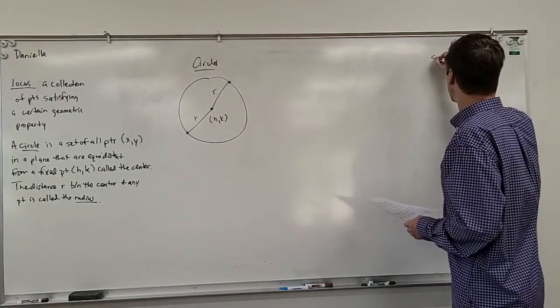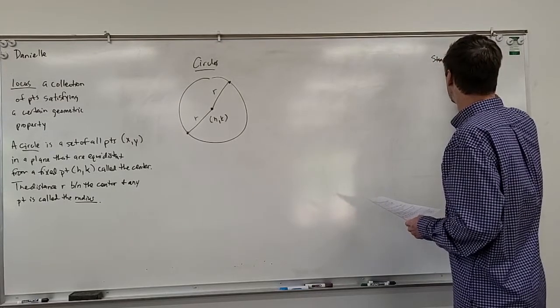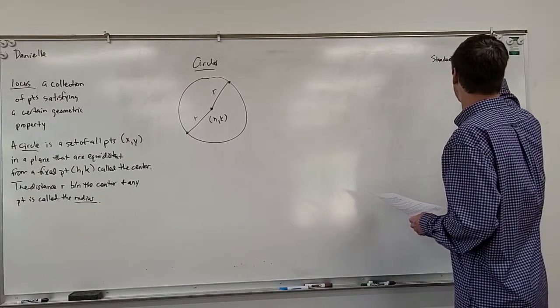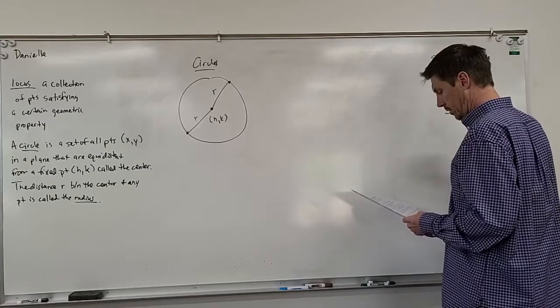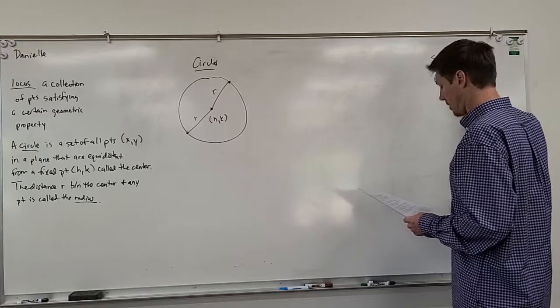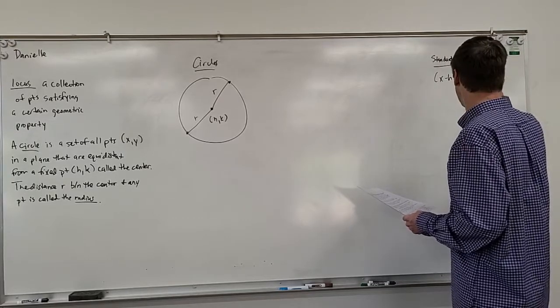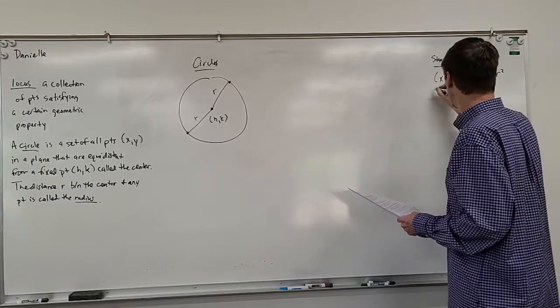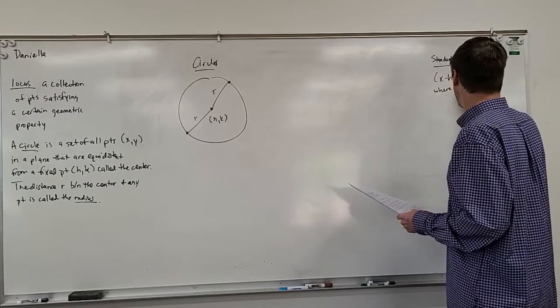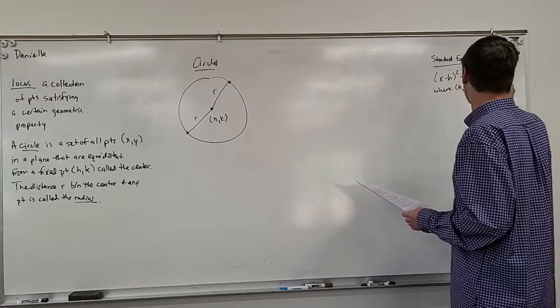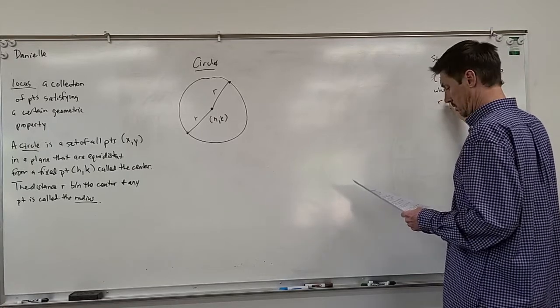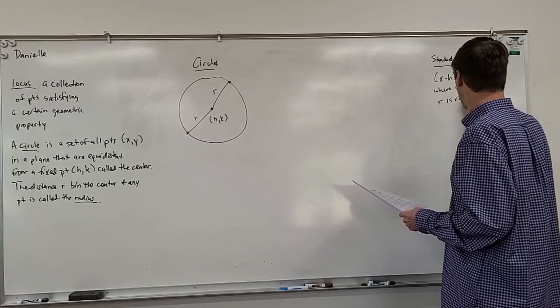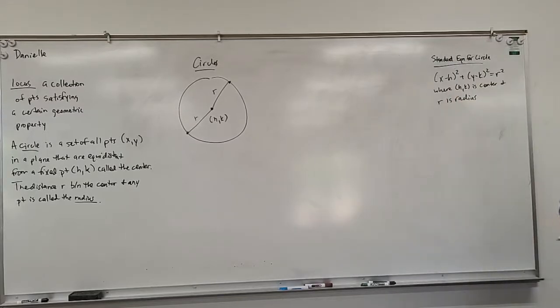The standard equation for a circle is x minus h squared plus y minus k squared equals r squared, where h, k is the center and r is the radius. We've had that definition before, we've had that equation before, and we're already familiar with that.